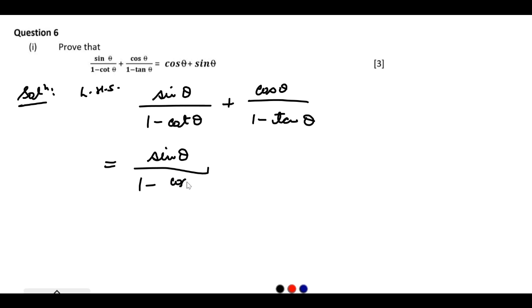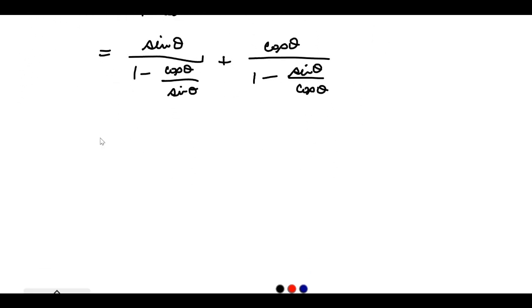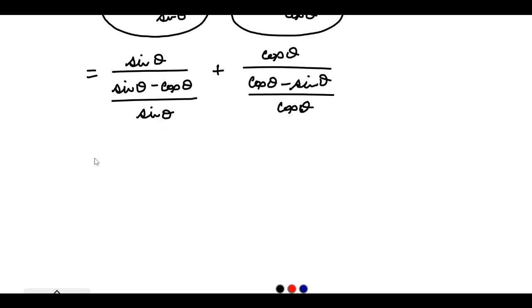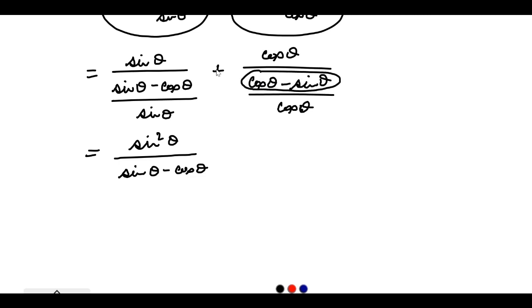Cot theta is equal to cos theta upon sin theta and tan theta is equal to sin theta upon cos theta. In this term, we are taking LCM sin theta and in this term cos theta. If we take minus 1 common from this term, then it will become sin theta minus cos theta.